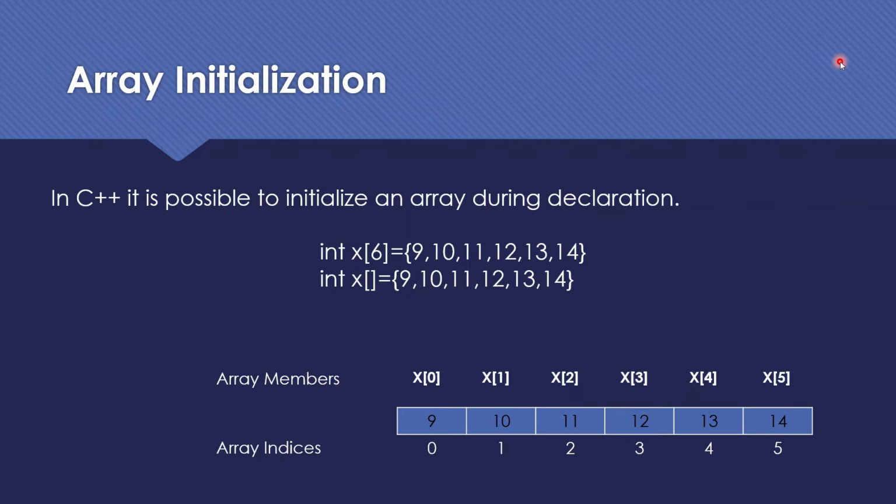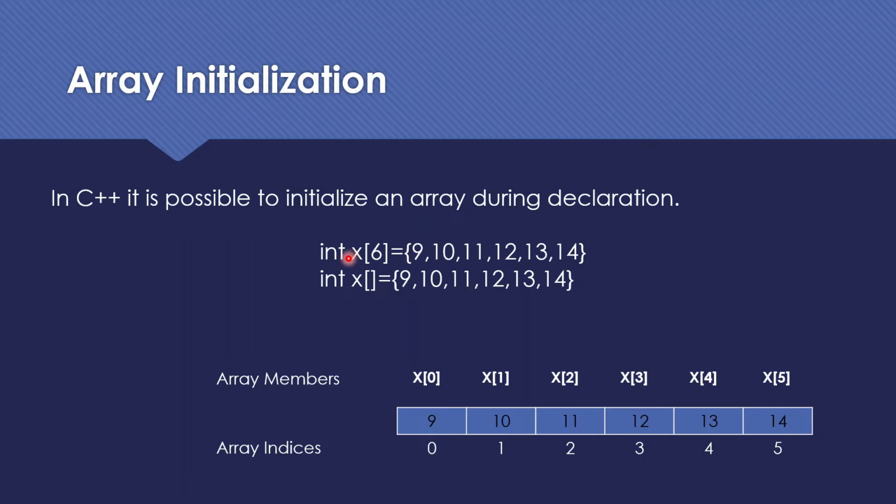In here we are going to see how to initialize an array. Earlier we saw how to declare an array, so we can do both processes at the same time. First we'll take this example, int x[6], and this is how we initialize our array.